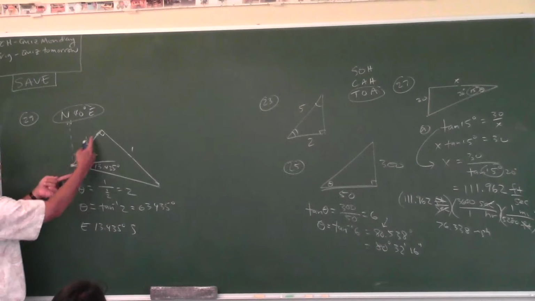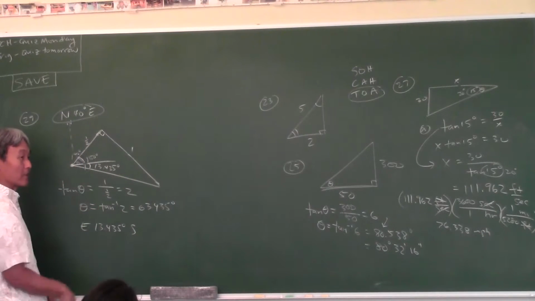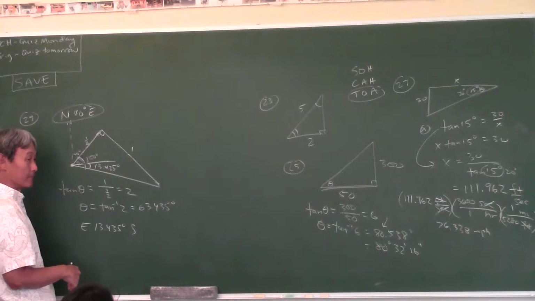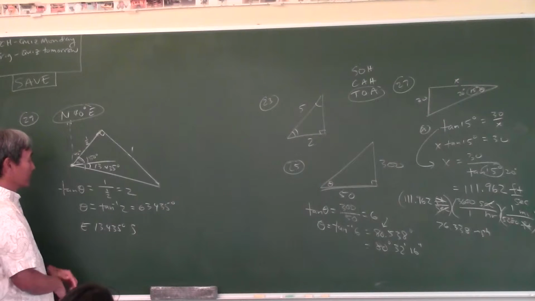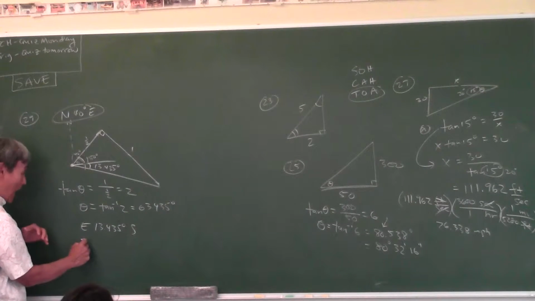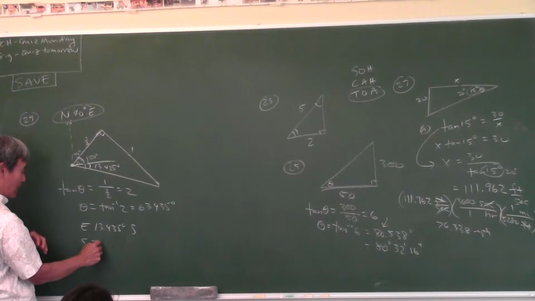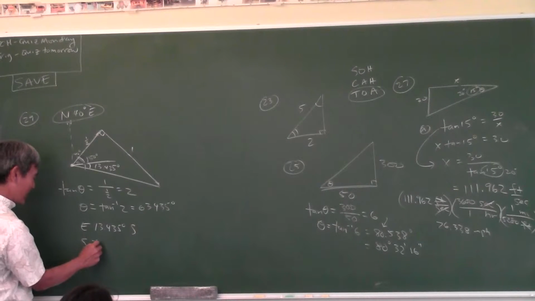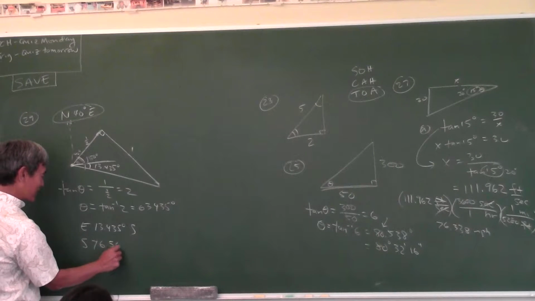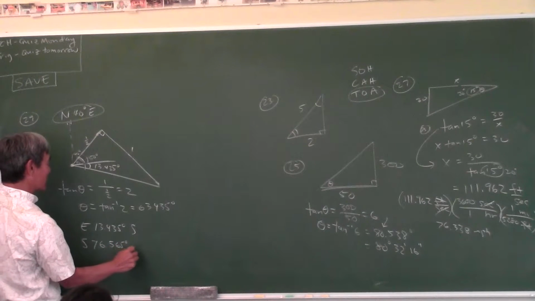See, you guys can do this, but then you've got to put it together in a word problem. Kim? I think the answer is like 73.8 something. Yeah. From the south, you go 70... how can it be 70? 76.565 degrees.